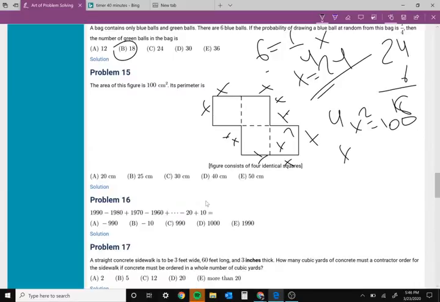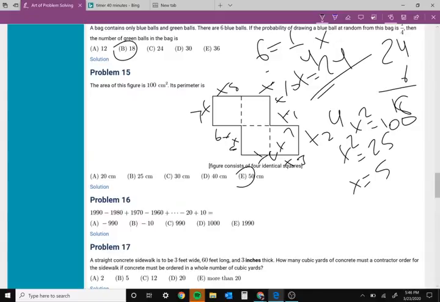You divide by 4. X squared equals 25. Take square root. X equals 5. Right? How many x's are there? 1, 2, 3, 4, 5, 6, 7, 8, 9, 10. 10 x's. 5 times 10 is 50.